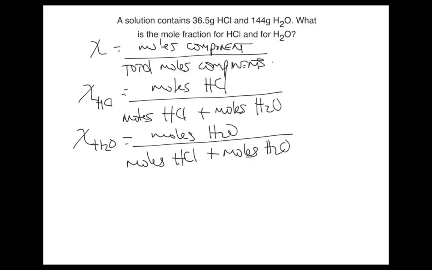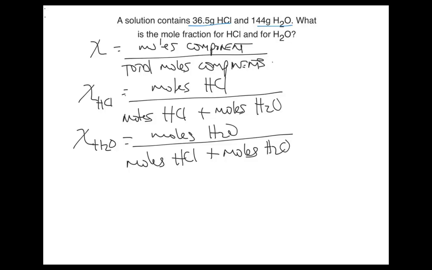So how can we determine the numbers of moles? How can we determine moles? So instead of moles here, we have the grams of each of the components. So we need to look for the moles of each of the components. So how can we change the units of grams to moles? Using what?